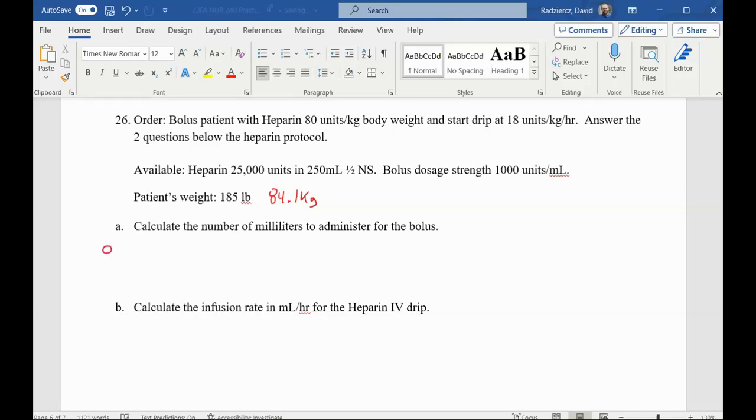All right, so I'm going to take my patient's weight, 84.1 kilograms, and multiply by my order, which is the 80 units per kilogram. So 84.1 times 80 will give me 6,728 units.